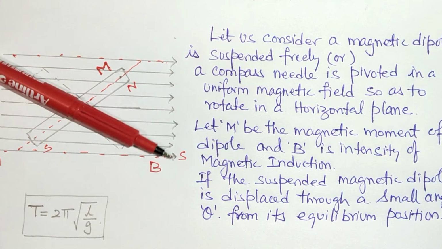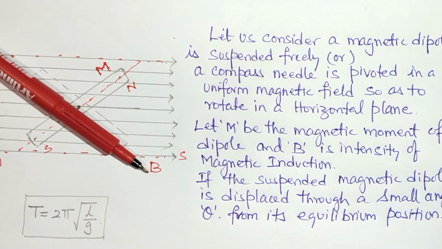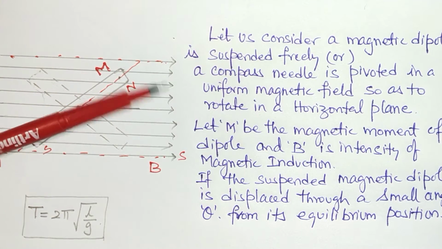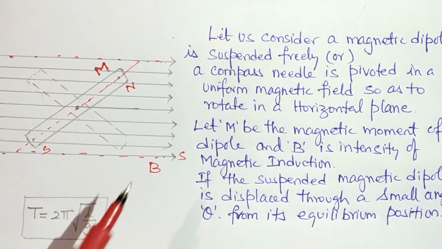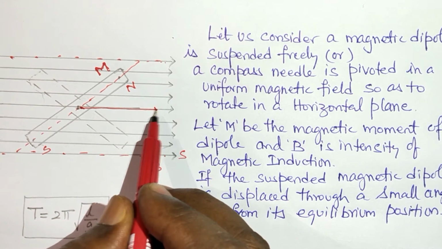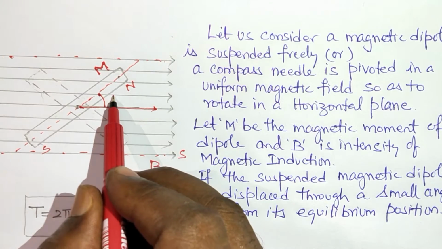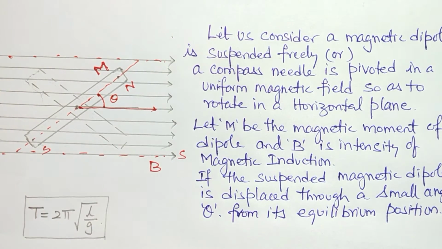We want to measure the time period of oscillation of this magnetic compass when it is placed in a uniform magnetic field. Let us assume that the magnetic compass is oscillating in this magnetic field, making an angle theta.